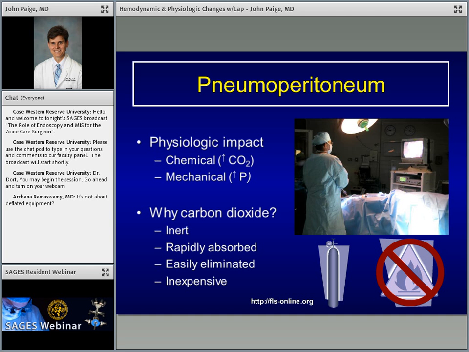When we do laparoscopy, when we create our pneumoperitoneum, we have a 50% increase in this type of delivery of carbon dioxide to the lungs.